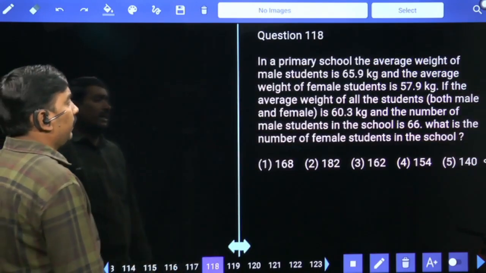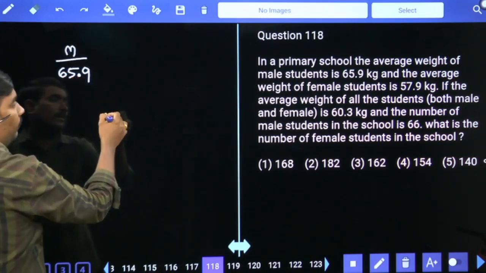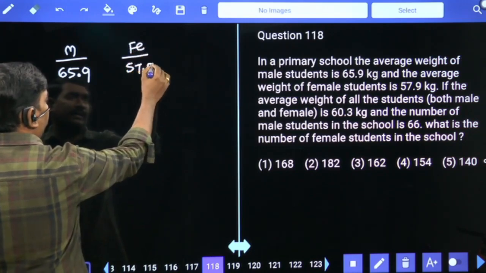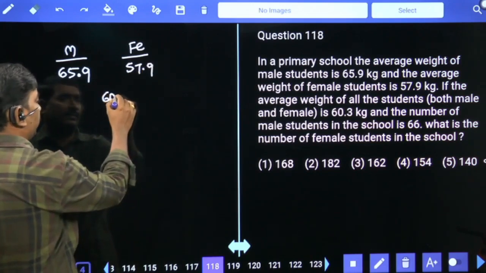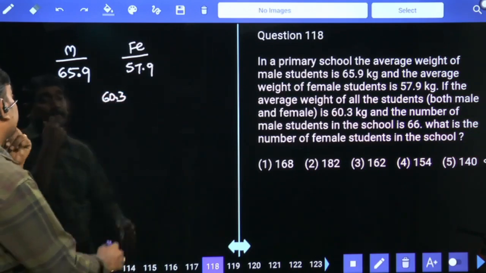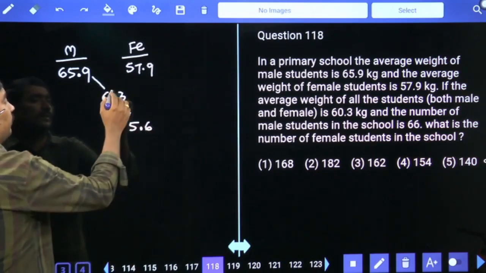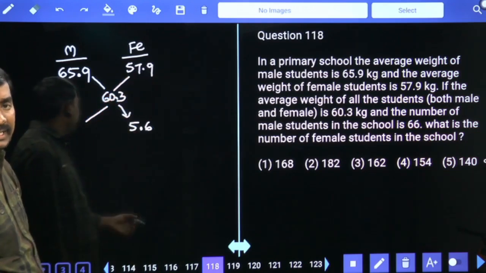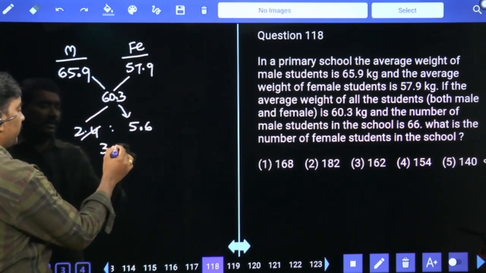In a primary school, the average weight of the male students is given as 65.9 kg and the average weight of the female students is given as 57.9 kg. If the average weight of all the students is 60.3 kg, and male students are 66, what is the number of female students? 65.9 minus 60.3 is 5.6. 60.3 minus 57.9 is 2.4.